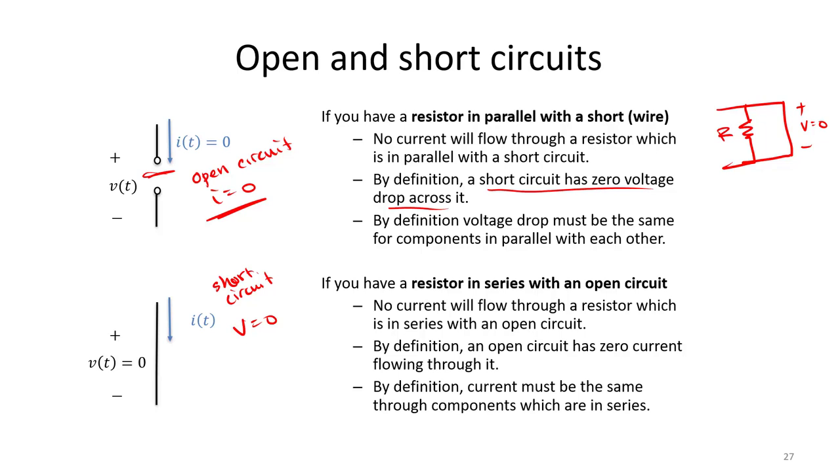So if we have a resistor in parallel with a short, all our current is going to want to go through that zero voltage path because this whole area is sitting at the same voltage. And there is no voltage difference able to push current through that resistor. Remember, of course, that by definition, the voltage drop must be the same for components which are in parallel with each other.